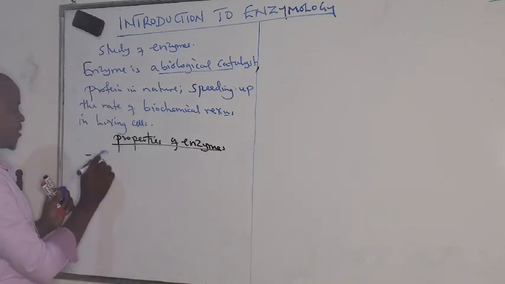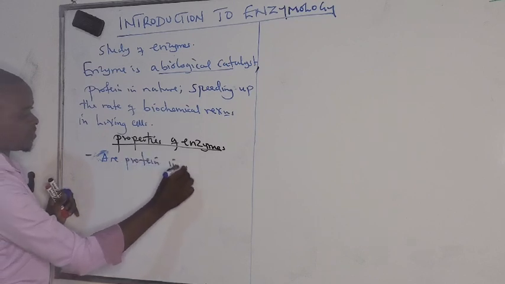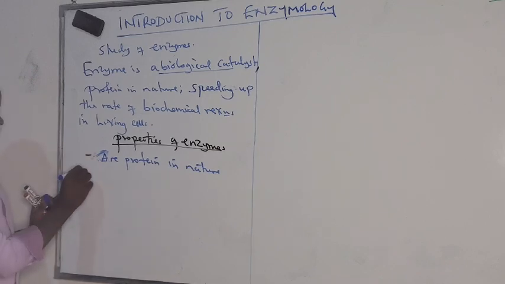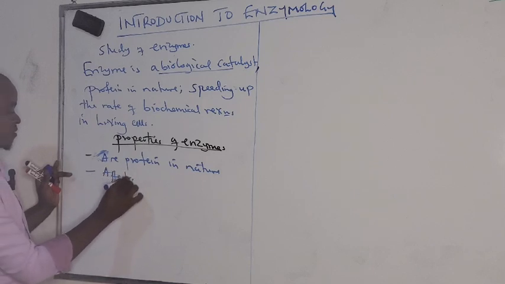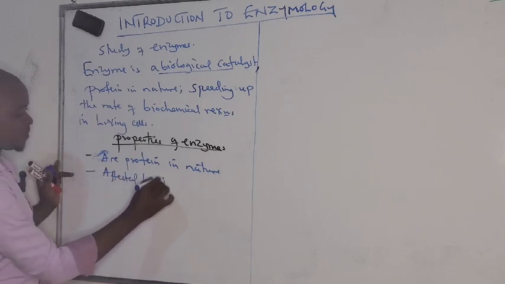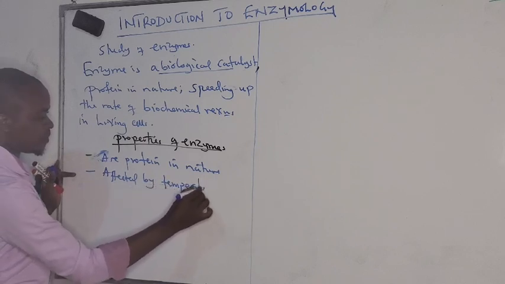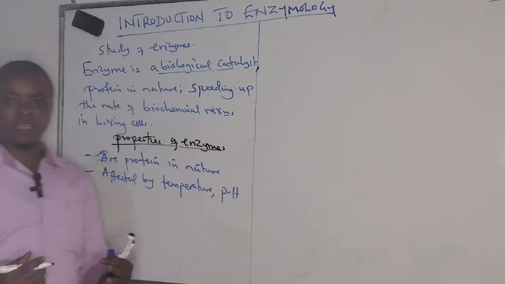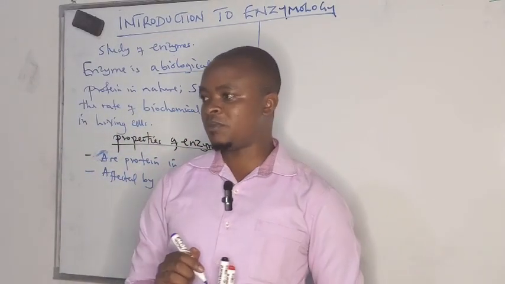These enzymes are also denatured or affected by temperature, and they are affected by pH. So you find enzymes work best in their specific pH and at optimum temperature.